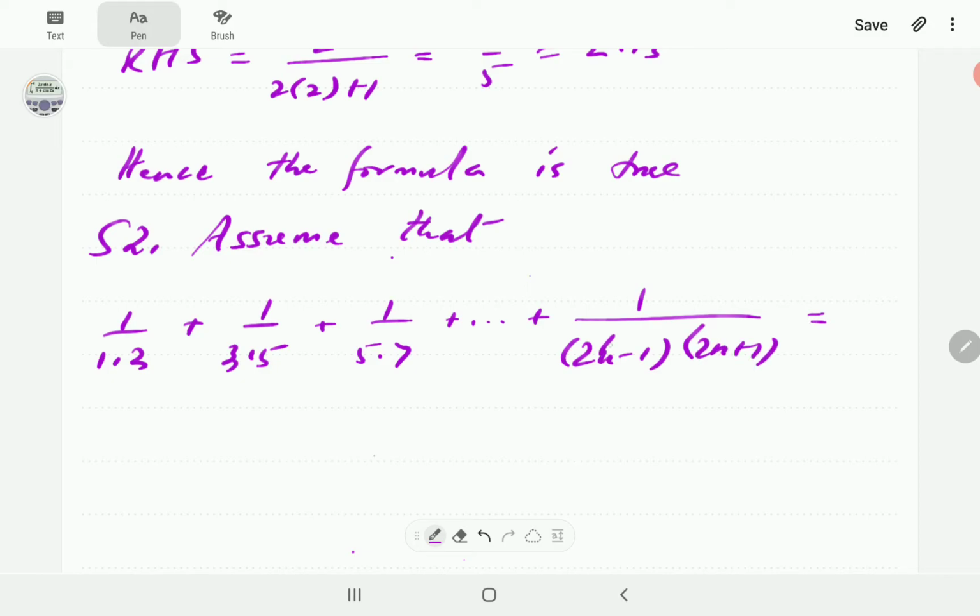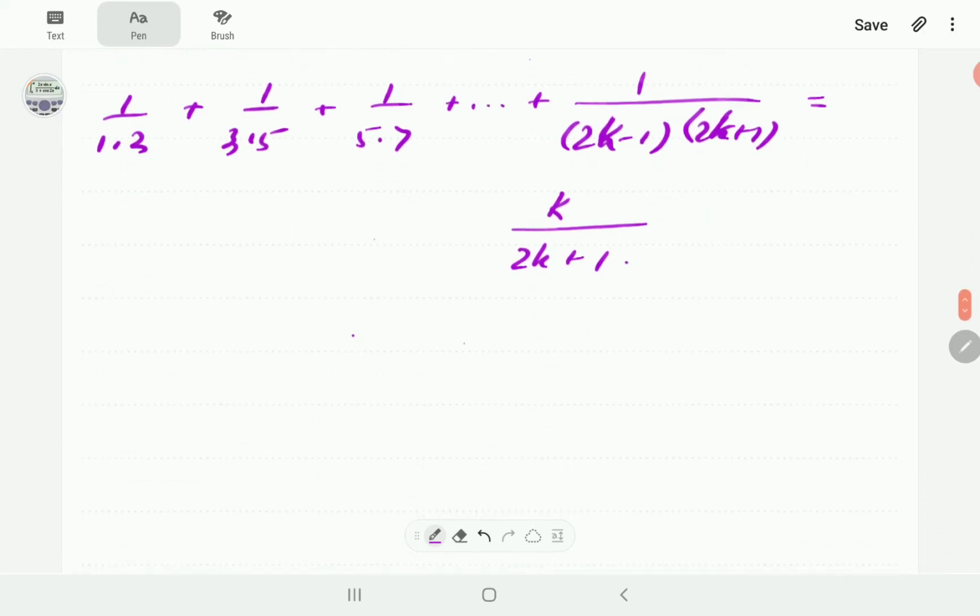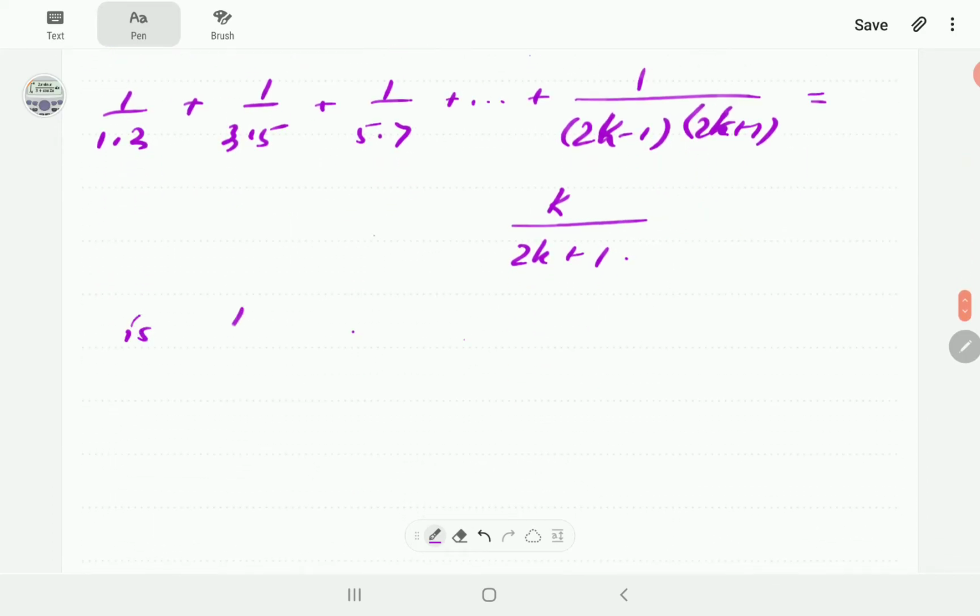So we're going to substitute k for all the n's. So we're going to say this is equal to k over 2k plus 1. So assume this is true for n equals k, where k is a natural number.